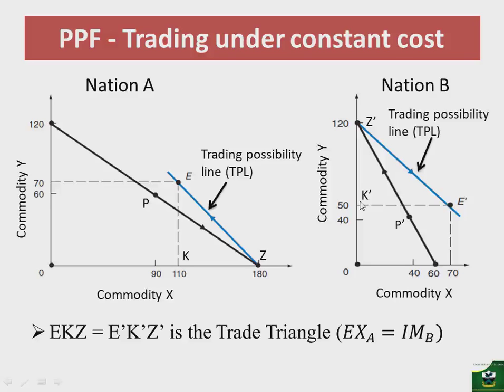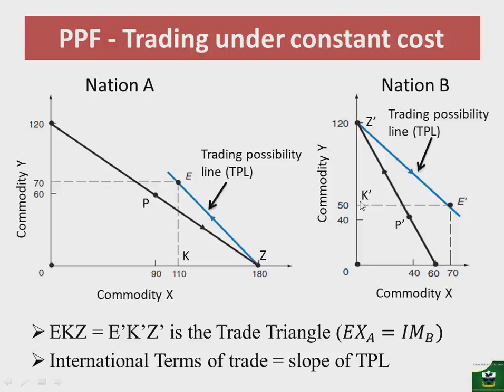The trade triangle is bordered by the axis of the nation's commodity of comparative advantage as well as the trading possibility line, and then we join to form a triangle from the point of consumption.